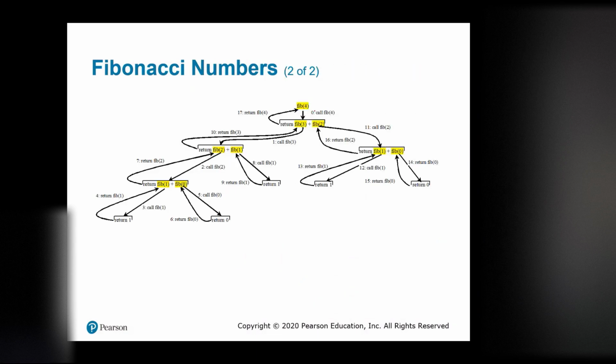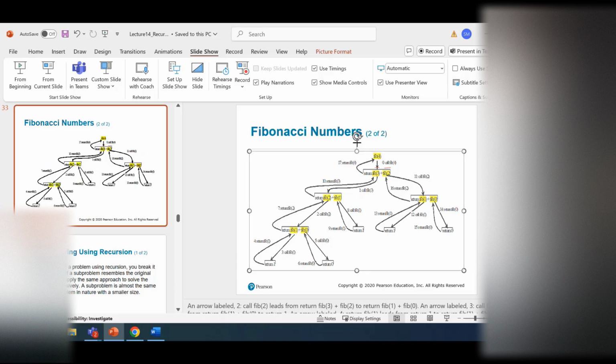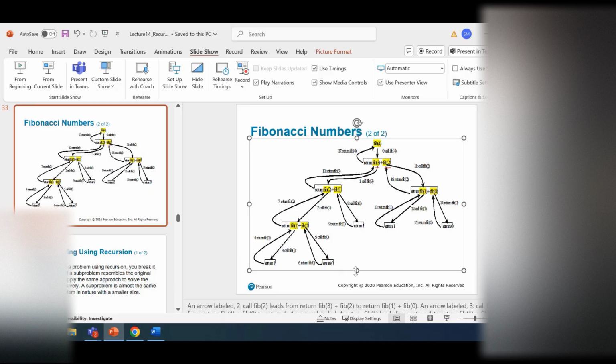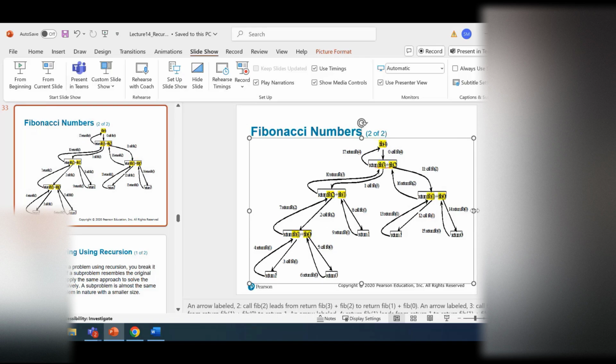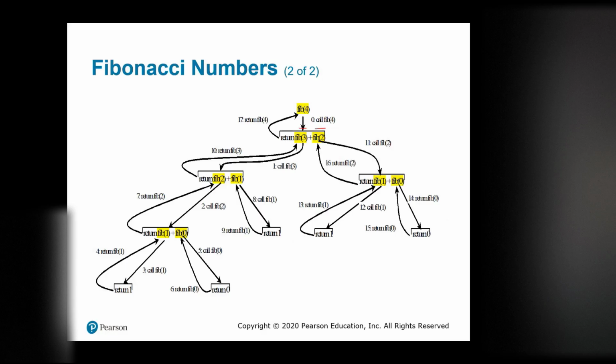But when you call Fibonacci of 4, it is going to return Fibonacci of 3 plus Fibonacci of 2.